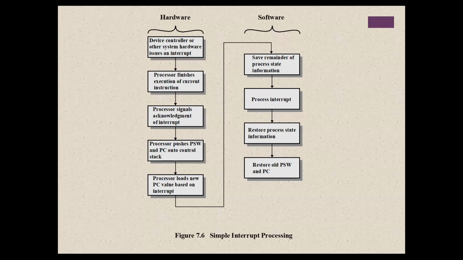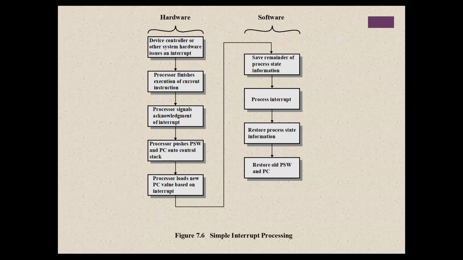The processor now needs to prepare to transfer control to the interrupt routine. To begin, it needs to save information needed to resume the current program at the point of interrupt.